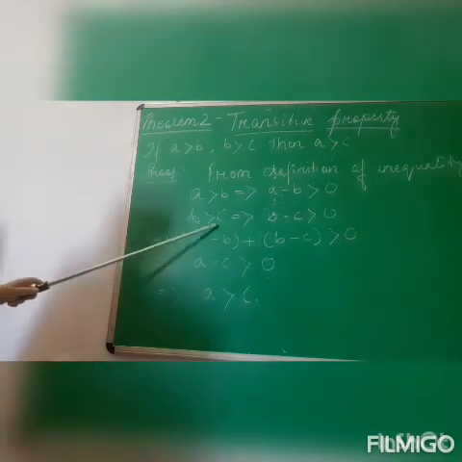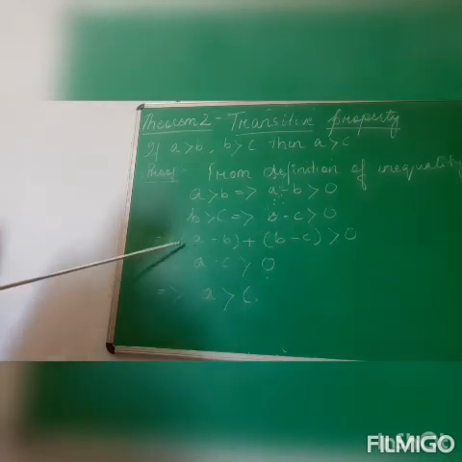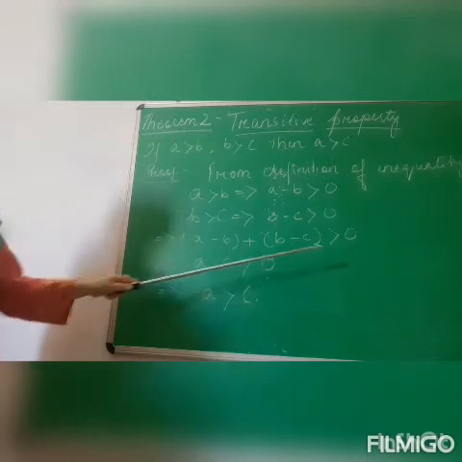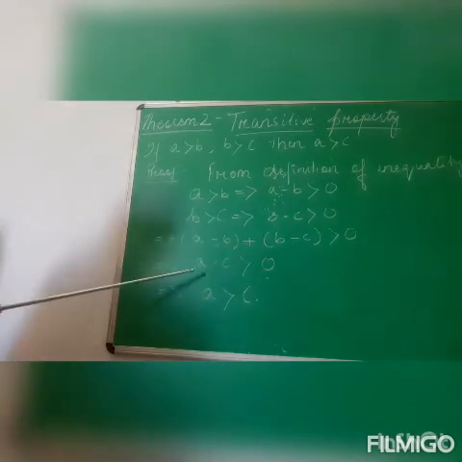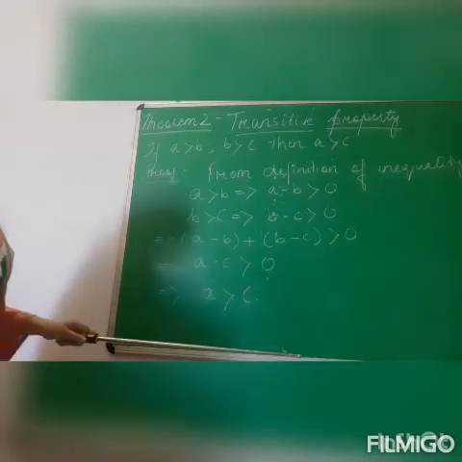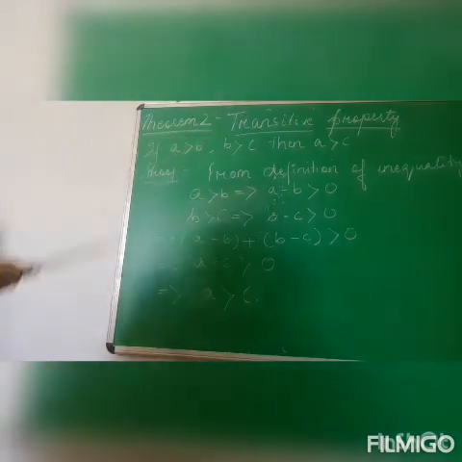Again, B is greater than C, which implies B minus C greater than 0. Now, A minus B plus B minus C will be greater than 0. A minus B plus B minus C will give me A minus C, which is greater than 0. If this is the case, then A will be greater than C. So hence, theorem 2 is based on the transitive property.